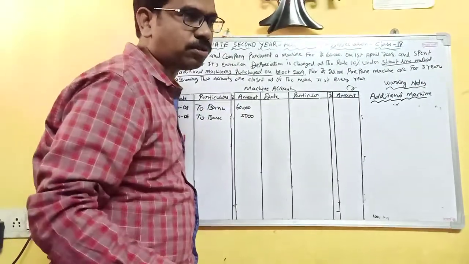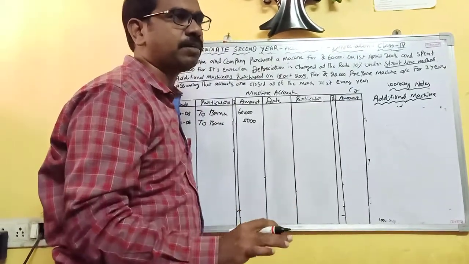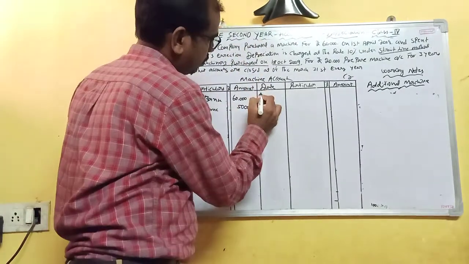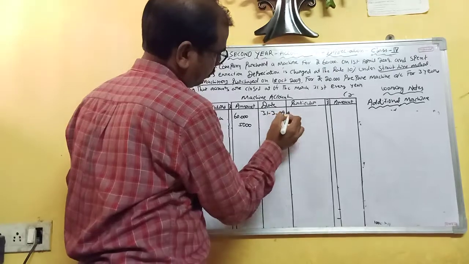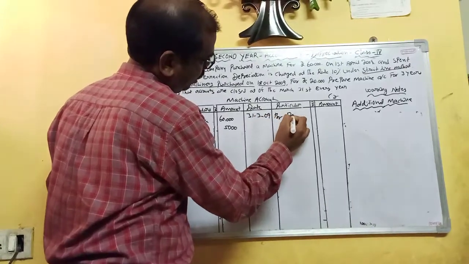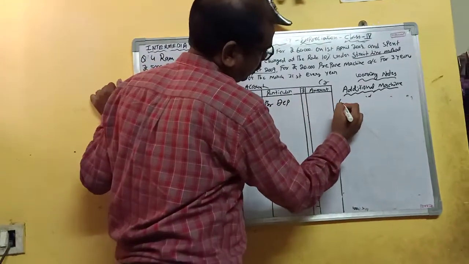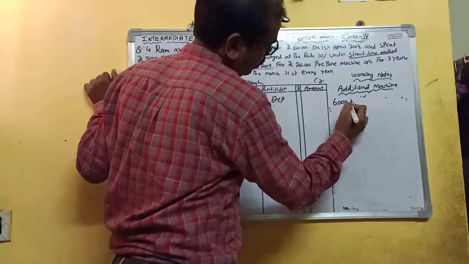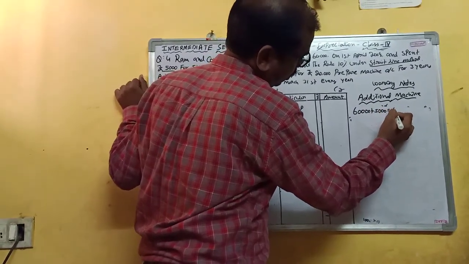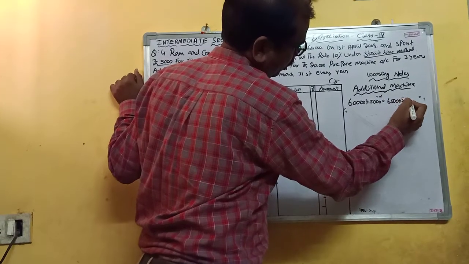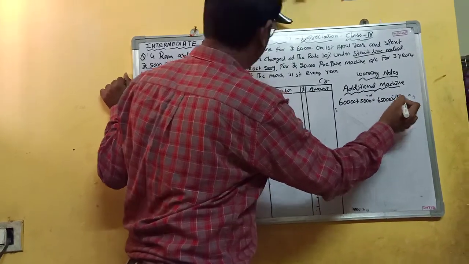Now depreciation: every year we have to make it at the end of the year, 31st March, by depreciation. 60,000 plus 5,000, 65,000 into 10 by 100, 10% given.